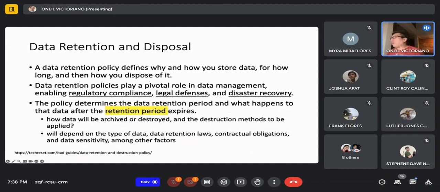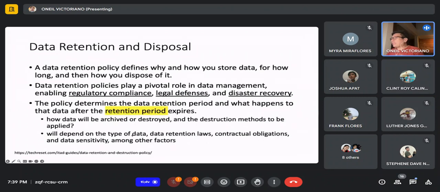So part of data retention and disposal is to be able to discuss more on the legal basis to retain, to dispose, or to store. The policy determines the data retention period and what happens after the retention expires, so how data will be archived or destroyed, and the destruction methods to be applied.